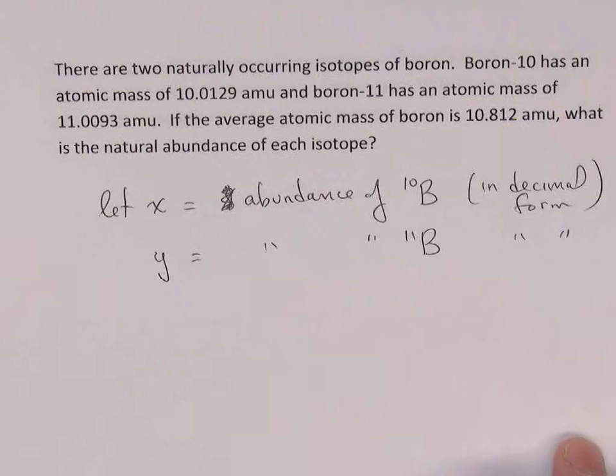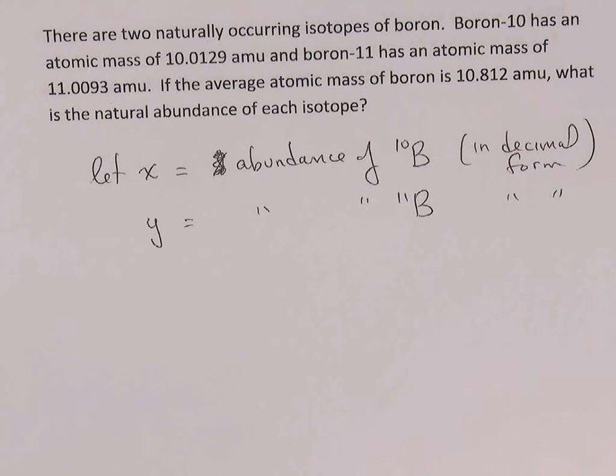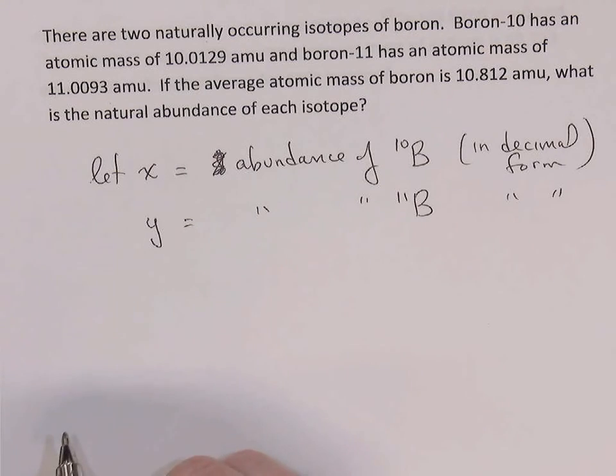Now, based on those 2 variables, let's write 2 equations. We have 2 variables. Our mathematics tells us we need 2 different equations to solve for this. The first equation is going to be our weighted average that we just did.